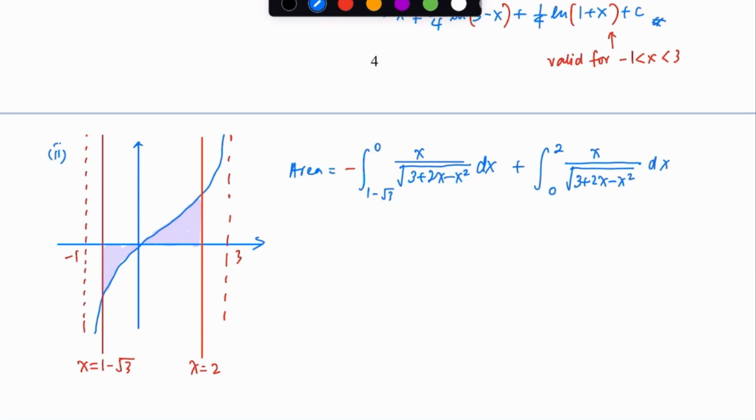Now, we've already integrated this in part 1, so technically speaking, we can just quote the answer directly from there.